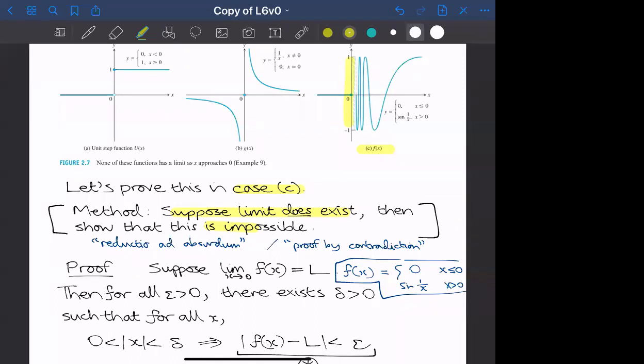So you could draw this graph on a computer, but you can also see why it's like this. So as x gets closer to 0, then 1 over x gets very big very fast. So when x is 1 over 2 pi, 1 over x equals 2 pi.